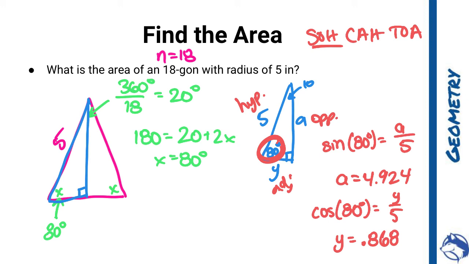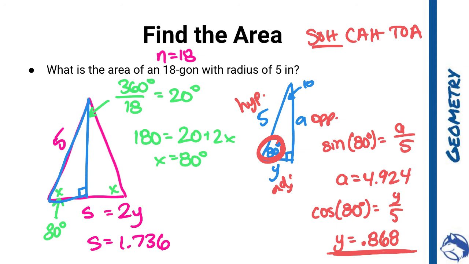And so what I have to be careful of here is a lot of people want to just plug in this 0.868. Well, this is half of my side length, so the side length s is equal to 2 times y. So s has to be equal to 2 times this number. So if I just multiply it by 2, it's 1.736.